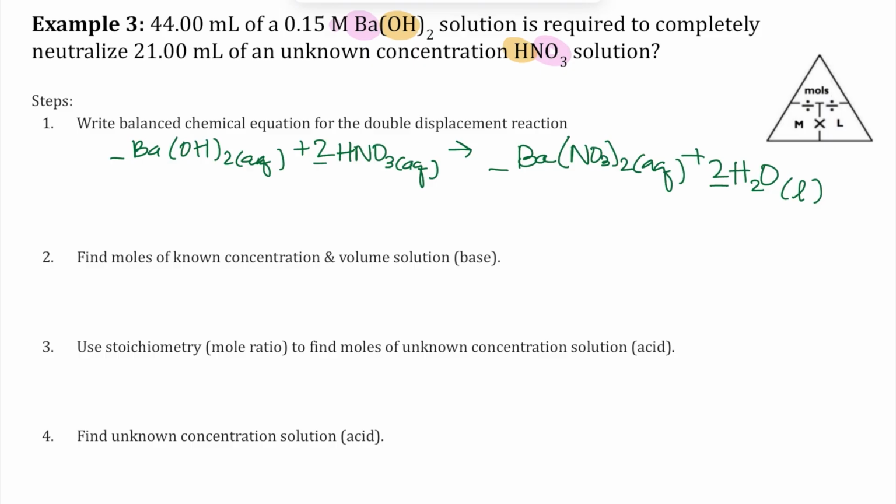With this now, just like with solution stoichiometry, it is helpful to go ahead and organize the information we have. I've got 44 milliliters of that barium hydroxide solution. When we are looking at molarity, we need our volume in liters. So I'm going to say that I've got 0.15 molar, and I'm putting that under the barium hydroxide.